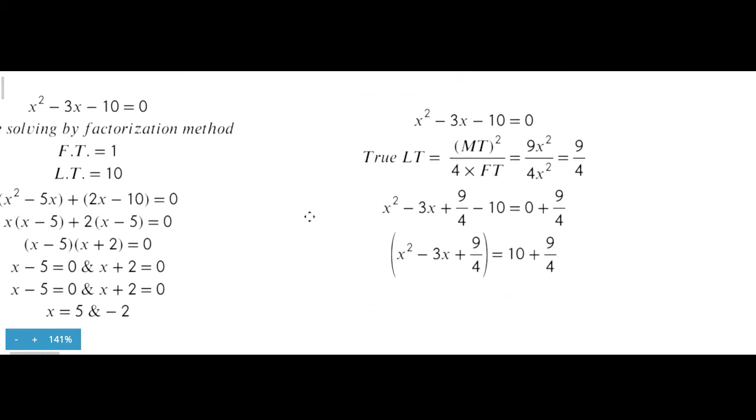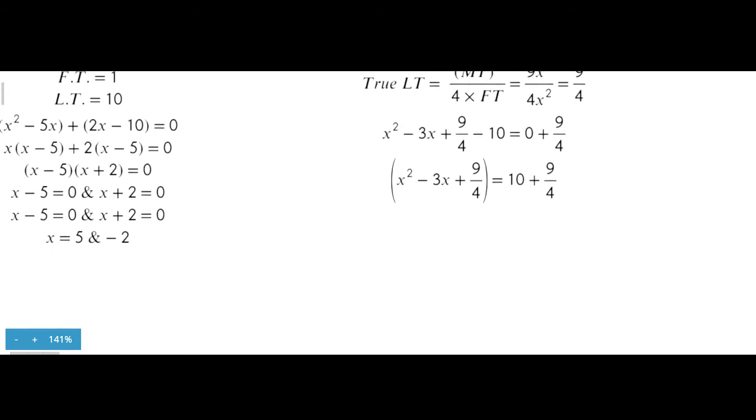Let's shift it a bit down. So now as you can see here, your first term is the perfect square, and your middle term is the combination of 2 times the roots of the first term and the last term, which is 3 by 2.